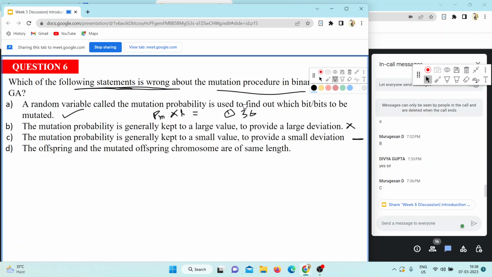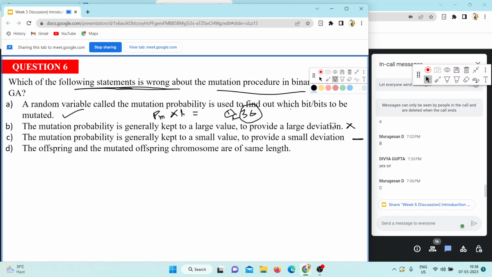If you see the slides there, you remember we had 36 bits, but we mutated only 1 bit. We did this because GA tells us that mutation has to be kept as low as possible. So B is the wrong answer.